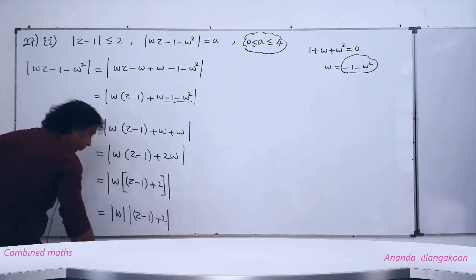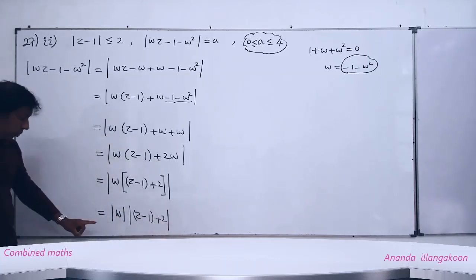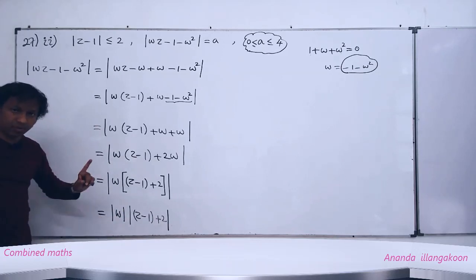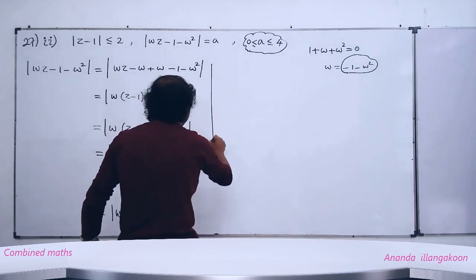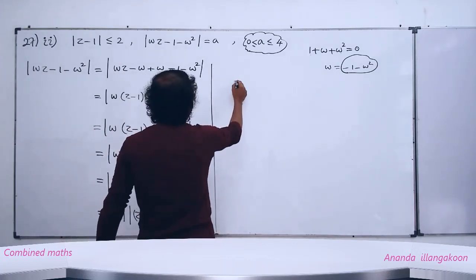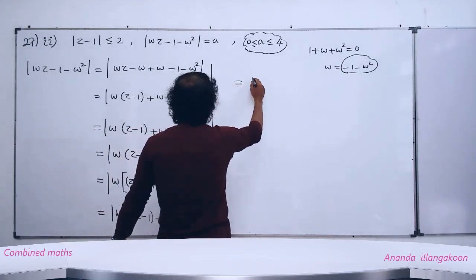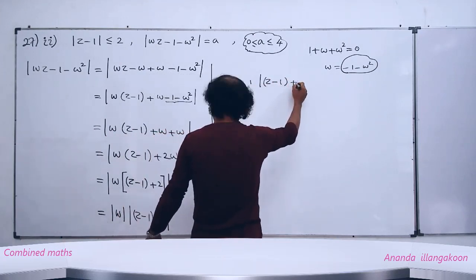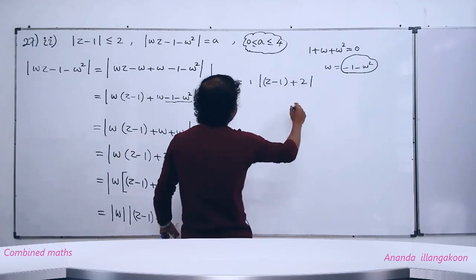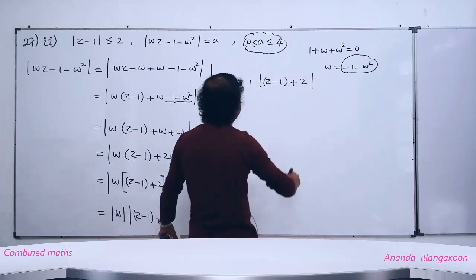You know the modulus of omega, people, is 1. Therefore, I can write this is equal to 1 times mod of z minus 1 plus 2.